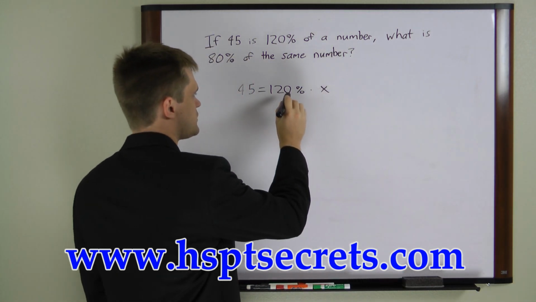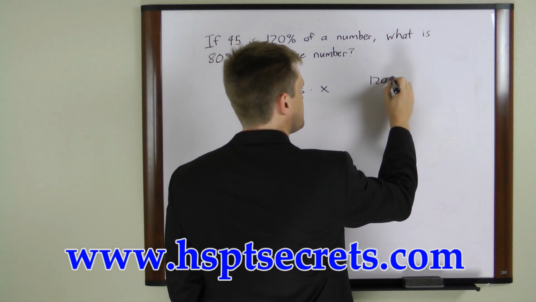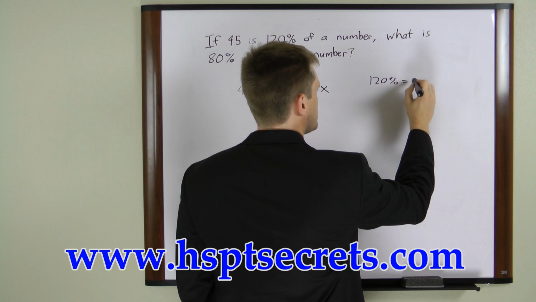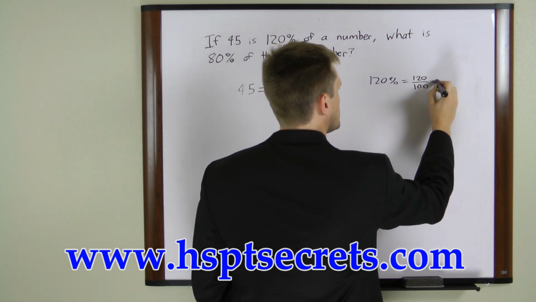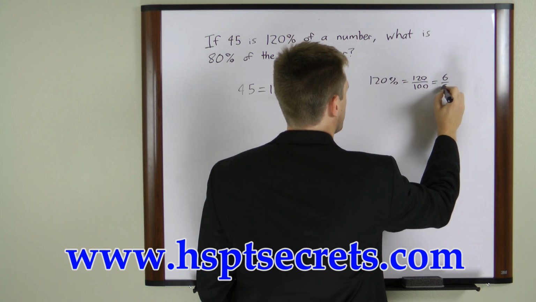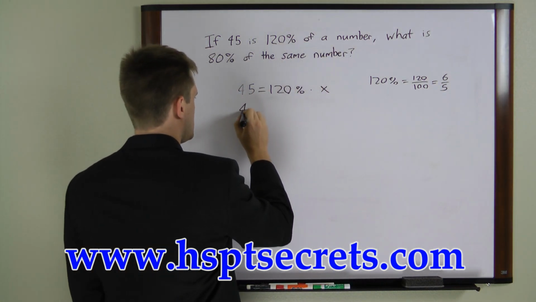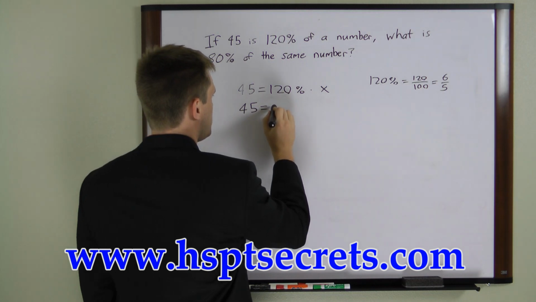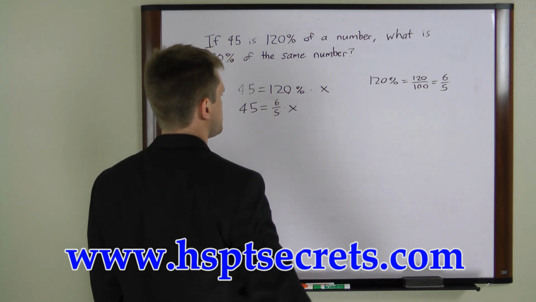Now to solve this, we want to convert the 120% to a fraction. So let's do that. 120% is 120 over 100, which is the same as 6 over 5. Now let's substitute that into this equation, and what we get is 45 equals 6 over 5 times x.